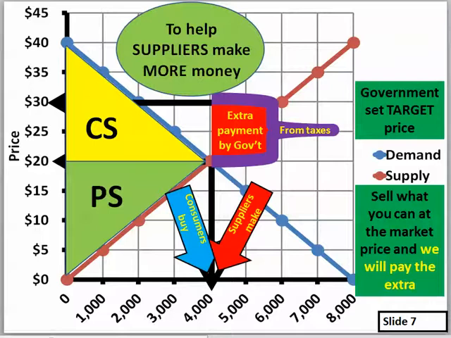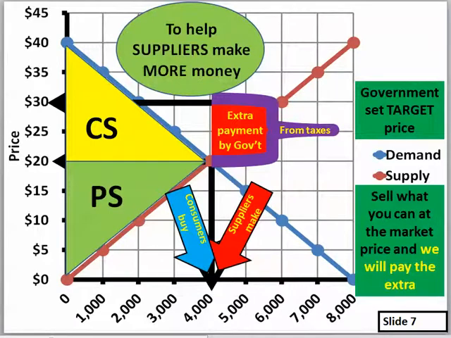So at the end of the period of time, the year or whatever, the supplier goes to the government and says, "Excuse me, government, I sold 4,000 at $20, but you promised me a target price of 30, so I'd like to collect my check for the $10 for each of those 4,000 that I sold." And so that was an extra payment by the government to help the suppliers. And again, where did the money come from? It came from taxes. That's the only place the government gets money at.